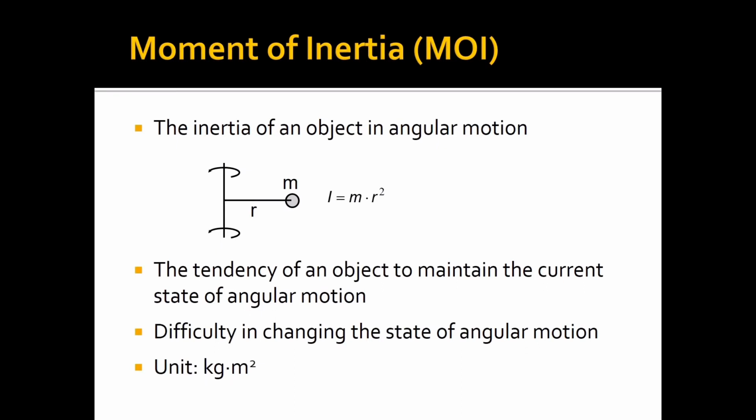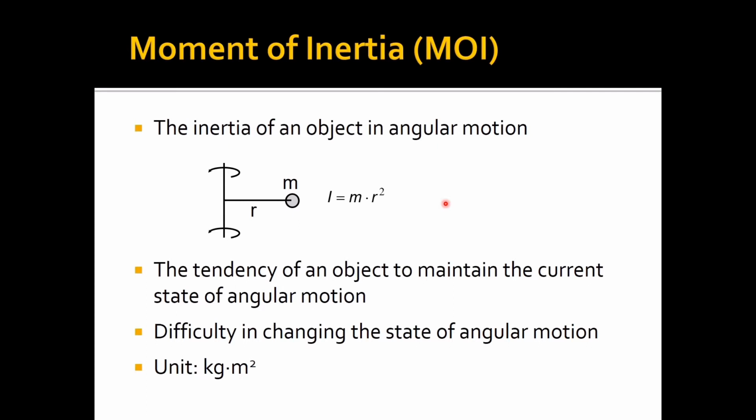Okay, the next kinetic concept is moment of inertia. Again, this is a part of the last reading assignment. This concept is a little bit more difficult to understand compared to other angular kinetic concepts. That's why I put this one as your reading assignment.